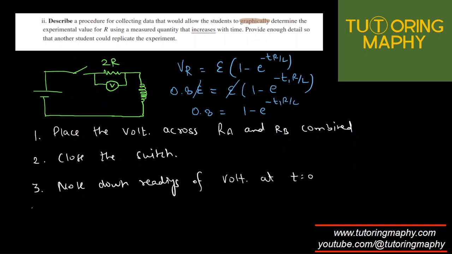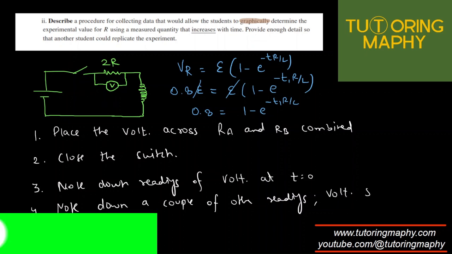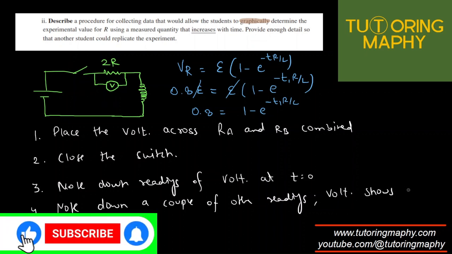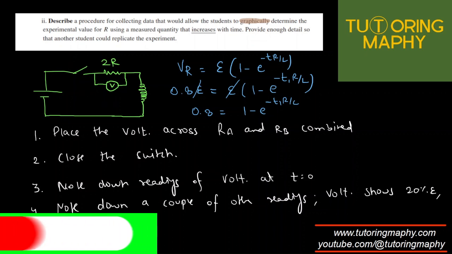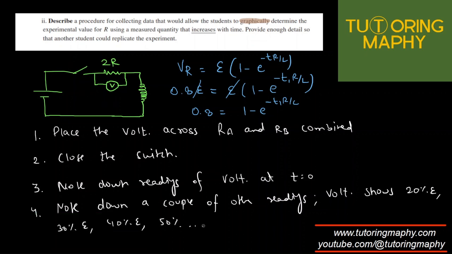So I'll keep it, but I will add the fourth point saying that now note down a couple of other readings. For instance, you can measure the reading when the voltmeter shows 20% of E, 30% of E, 40% of E, 50% of E, and so on, 60, 70, 80, so that you will have enough points to graph it.